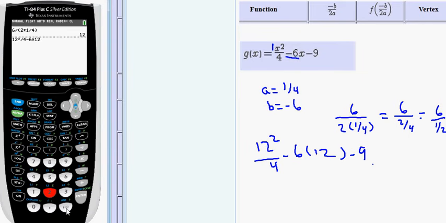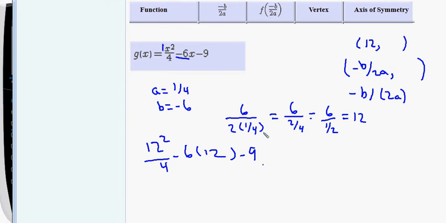Use the subtract key, not the negative key. And I'm going to get that the y value of the vertex is -45. So on paper, the y coordinate came out to be -45. So my vertex has coordinates 12, -45.